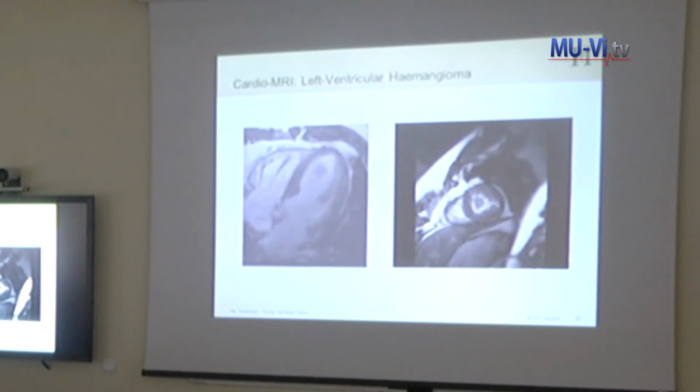This is a left ventricular hemangioma. A hemangioma is a benign tumor. Of course, we didn't know what it was. We just saw the tumor in echo, and we made an MRI, and the patient got the operation, and the operation said it was a hemangioma.